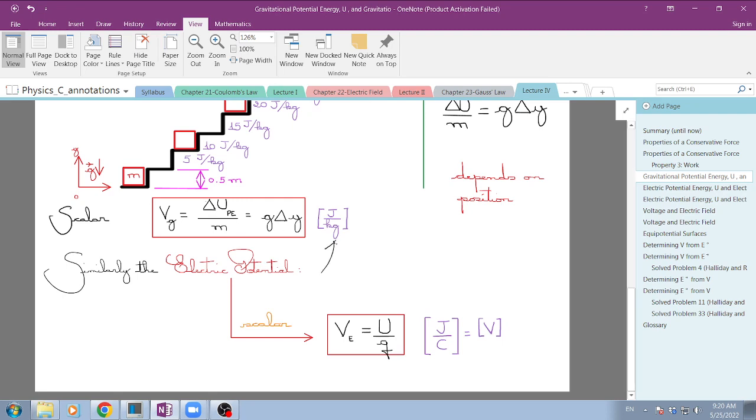The gravitational case was per kilogram, so the only difference is that this unit, guys, has a special name. The unit is called volts, after Alessandro Volta, the physicist who was honored with this tribute. And this is what you call electric potential.